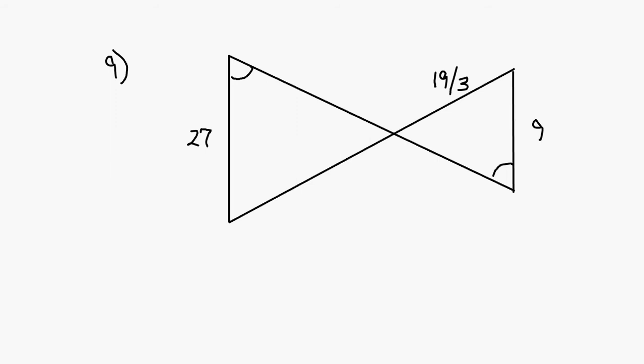Which theorem or postulate proves the 2 triangles are similar? You're only told that this one angle is congruent to this one angle. But again, what's going on here in the middle? This vertex in the middle has vertical angles around it, so these are congruent to each other.